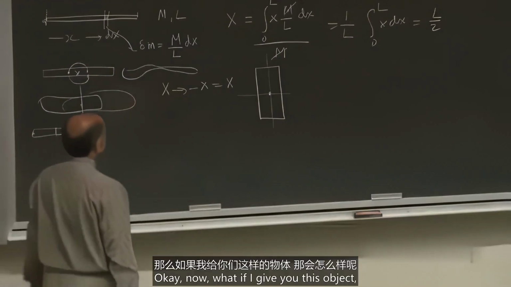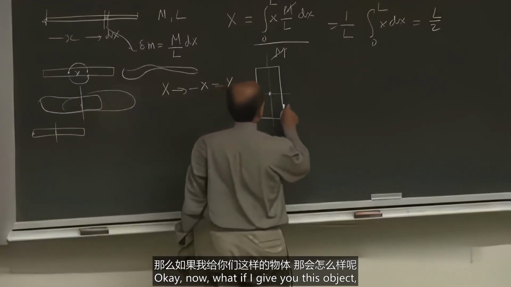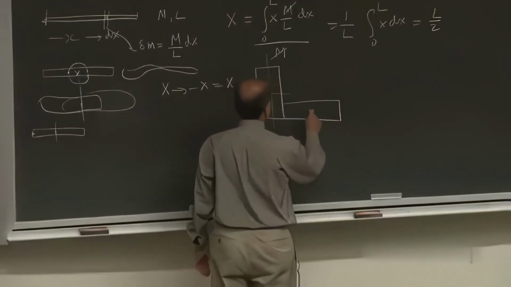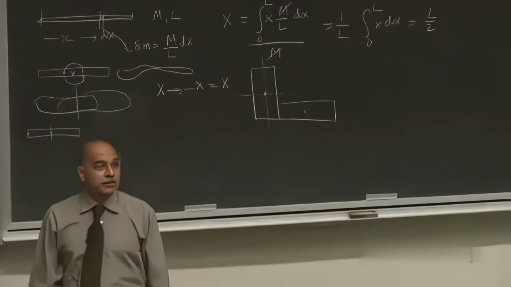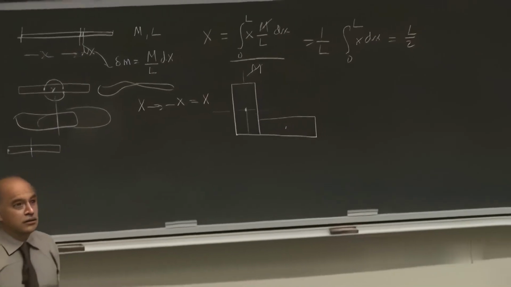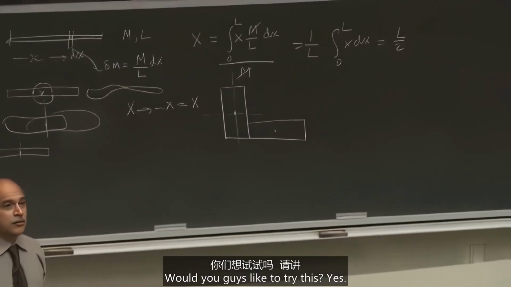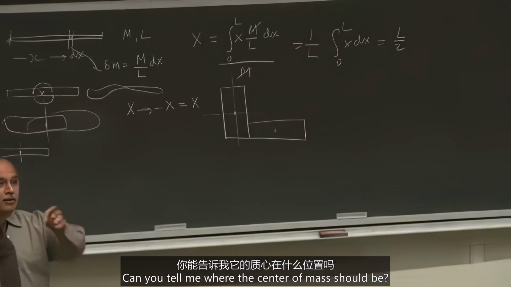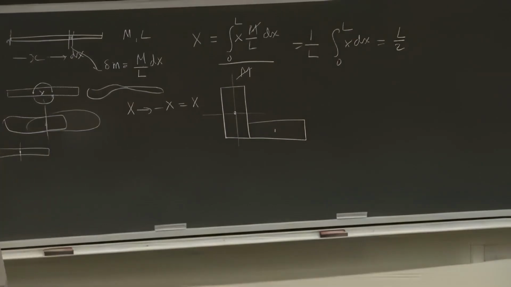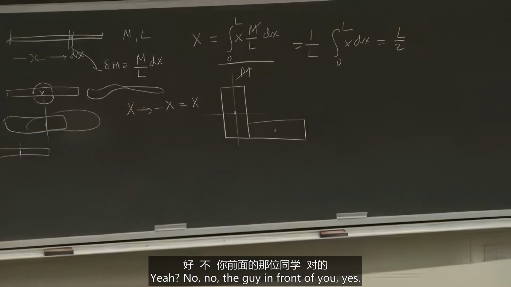Okay. Now what if I give you this object? Anybody want to try that? Would you guys like to try this? Yes. Can you tell me where the center of mass should be? Yeah.